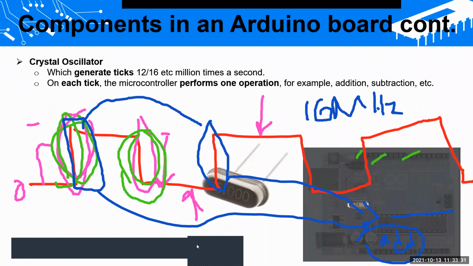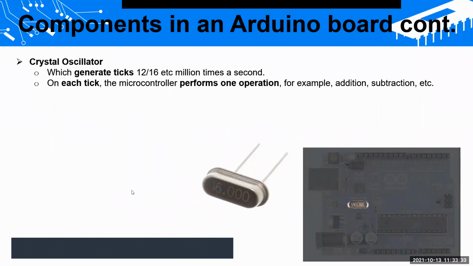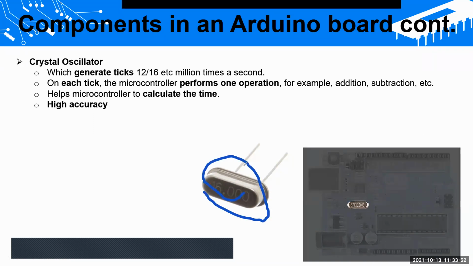So that is the thing with the crystal oscillator. It basically keeps the time, right? Someone can ask why we go for a crystal oscillator, why not use some kind of real clock. The thing is, crystal oscillators are made out of crystals, and they have very high precision. They have good accuracy in keeping the time.